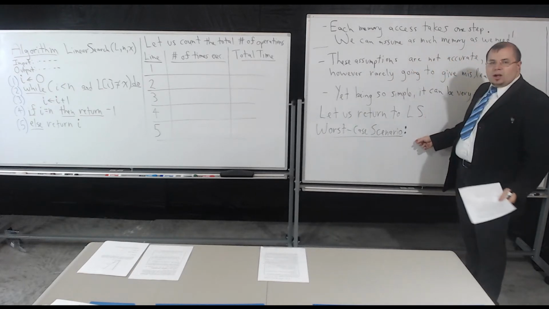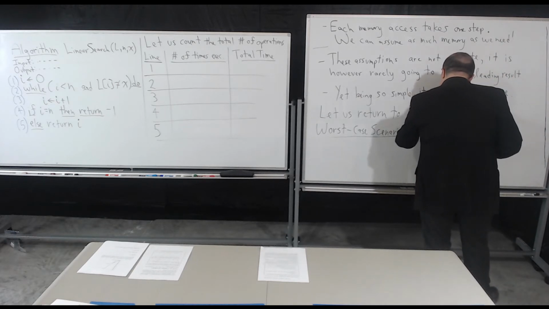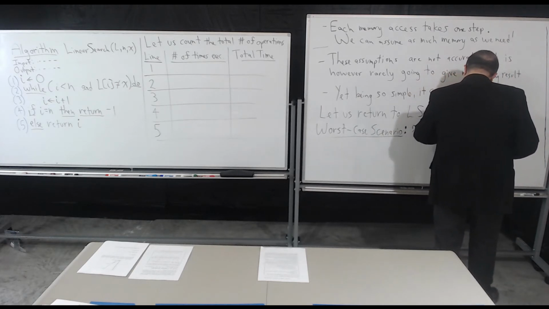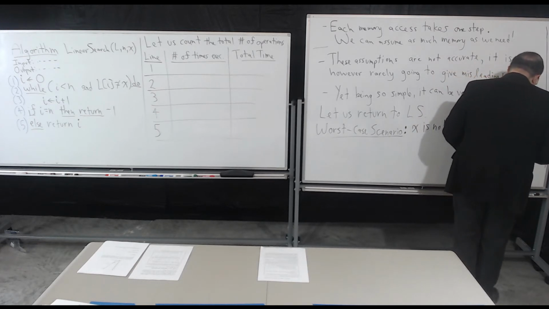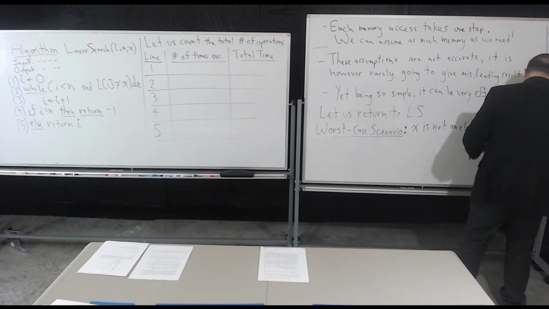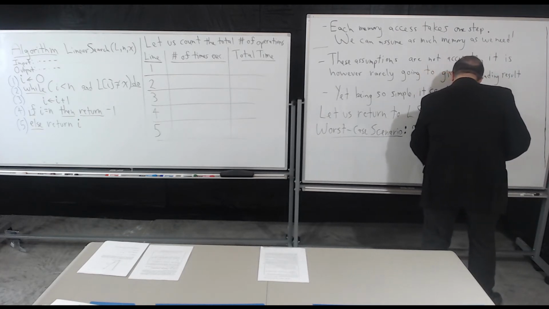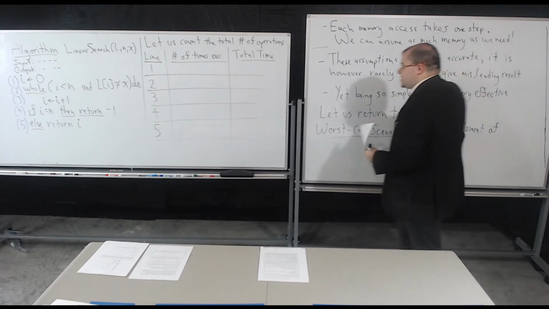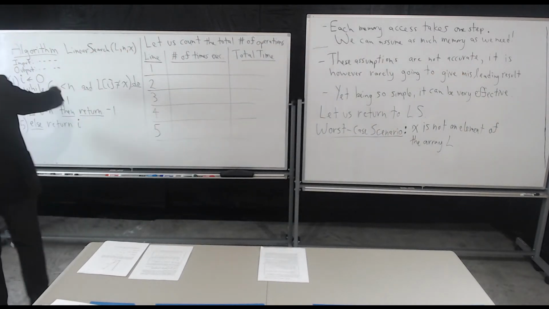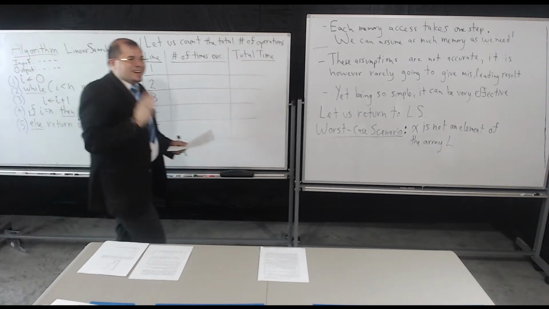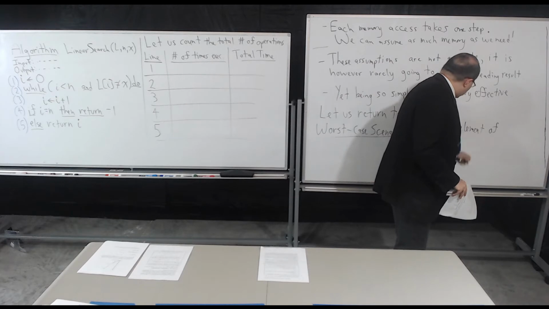So remember, we talked about this the other day, right? x is not an element of the array. Yeah, right? That's what the worst case scenario is. Remember, it has to do all these comparisons. It has to go through this entire loop, because I have to check each and every one of the elements. So that's our worst case scenario.